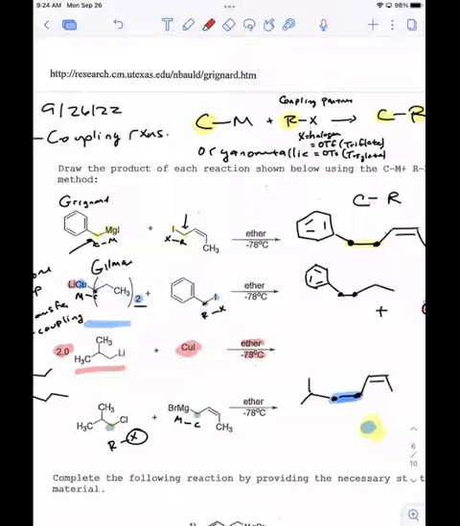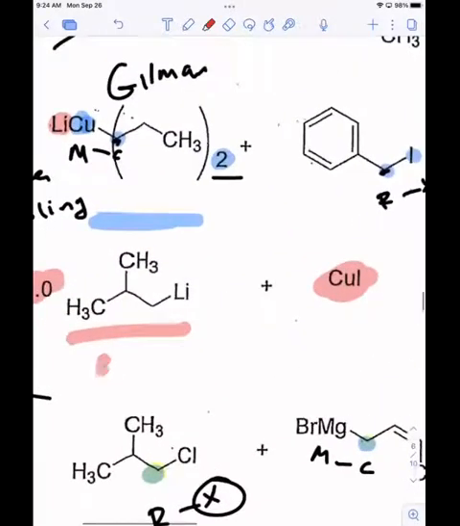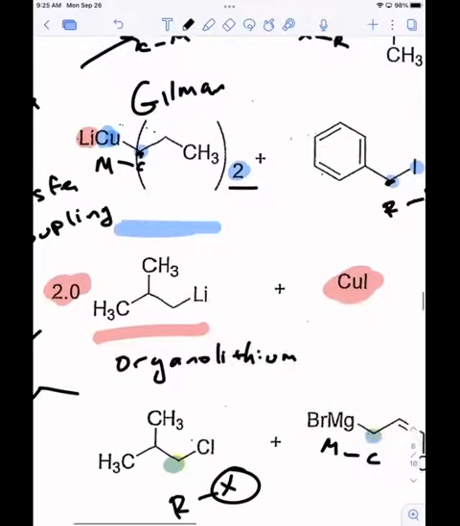Where you take an organolithium species and copper iodide and mix them together. What am I trying to do there? And it's 2 moles of it.